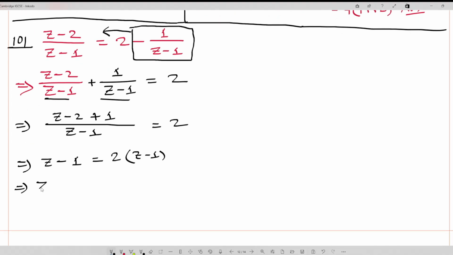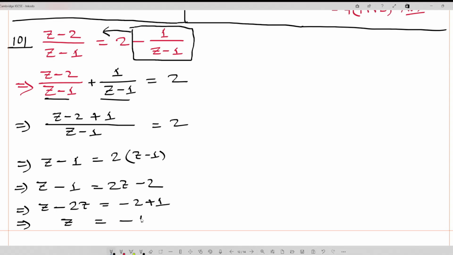Now z minus 1 and here is 2z minus 2. So 2z we can transfer to left side, so z minus 2z and here is minus 2 plus 1. So here is minus z equals minus 1.